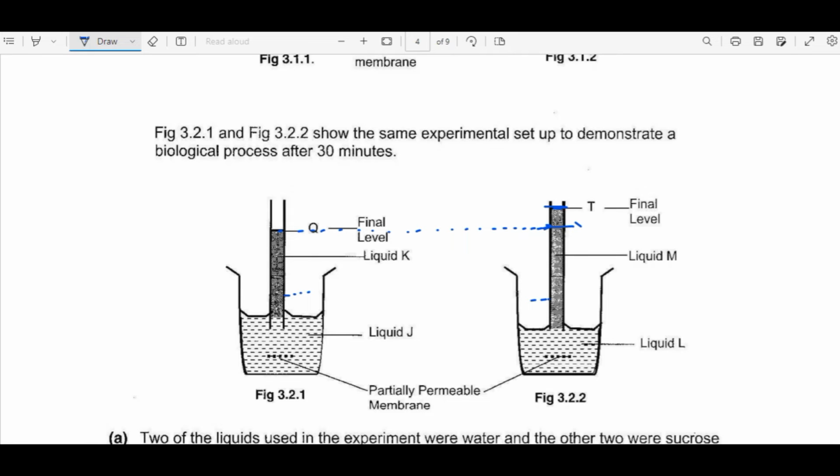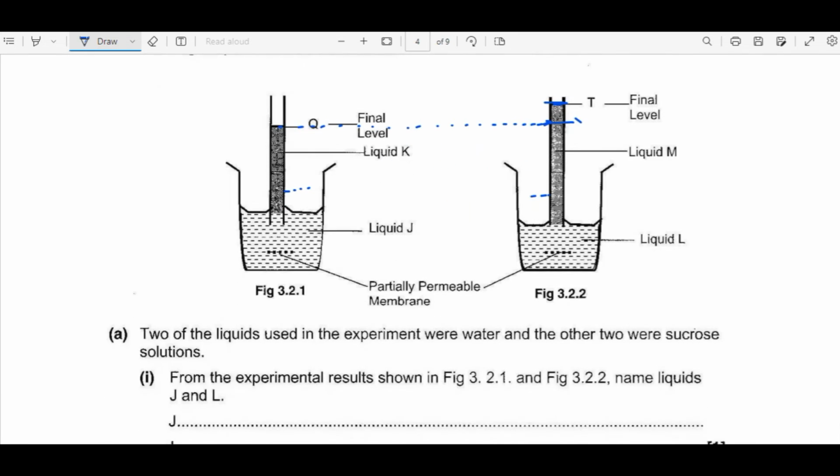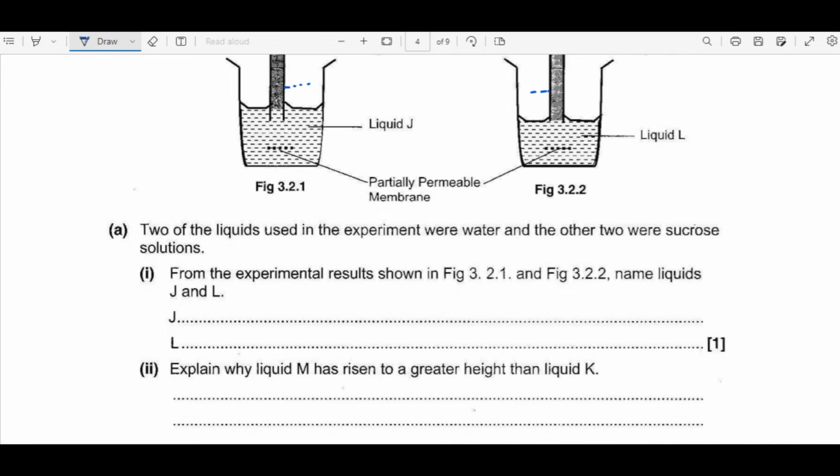Now let's look at the questions. Two of the liquids used in the experiment were water, and the other two were sucrose solutions. So we have a solution and water. From the experimental results shown in figure 3.2.1 and figure 3.2.2, name liquids J and L. So J is water.